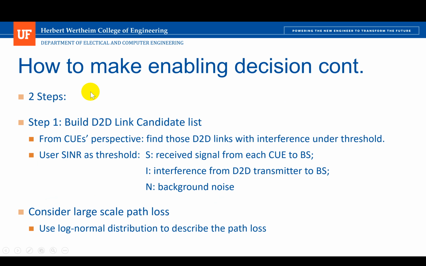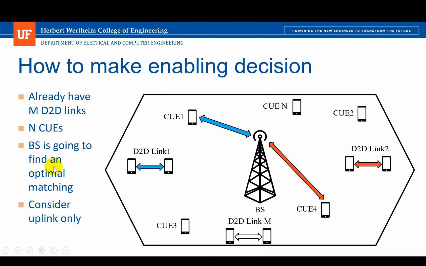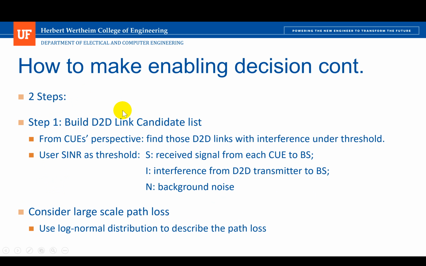So how does the base station make this maximal matching decision? Here the paper proposes an algorithm, and it contains two steps. The first step is to build the D2D link candidate list. It is from the cellular user's perspective.